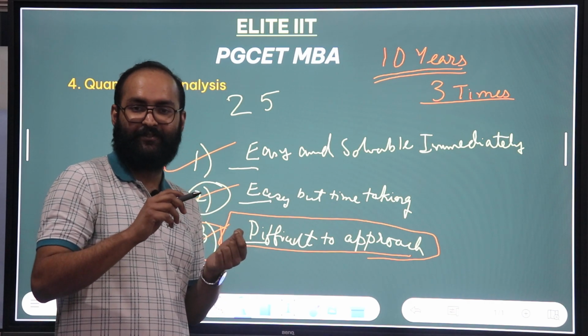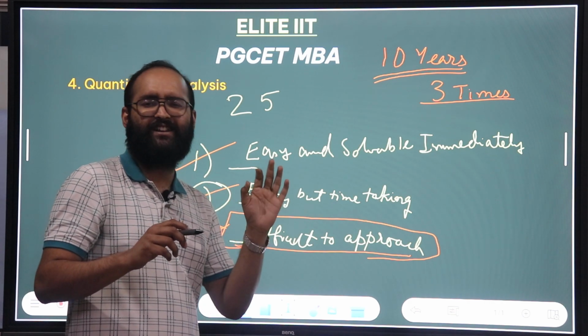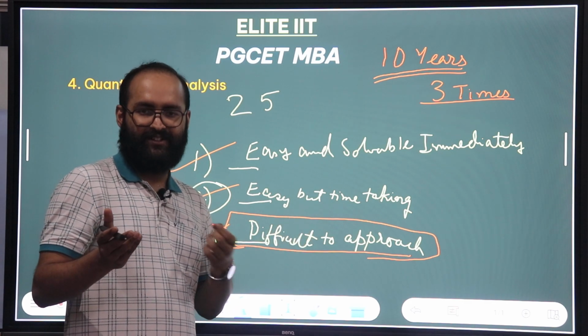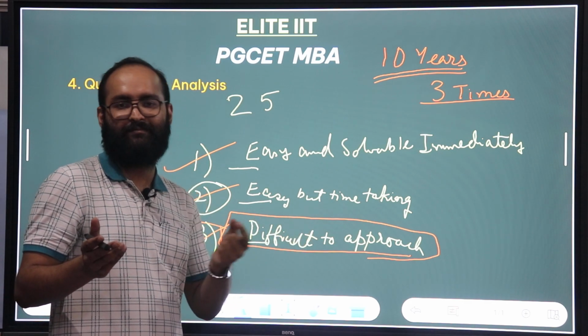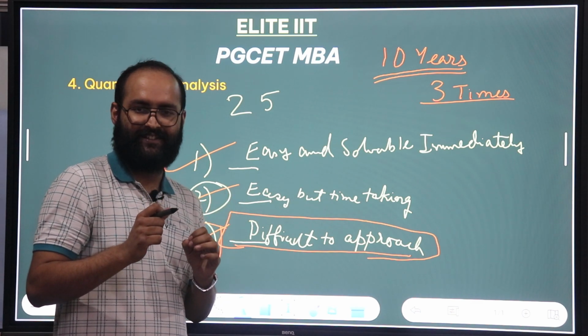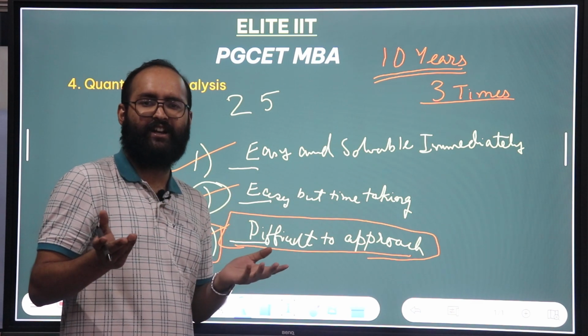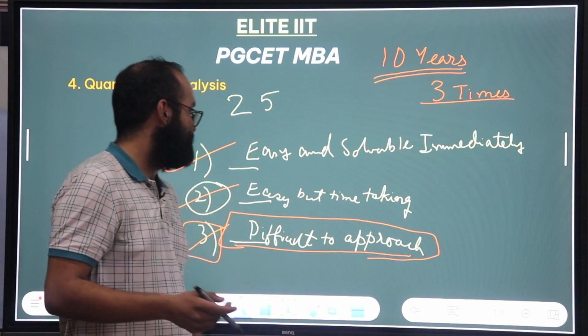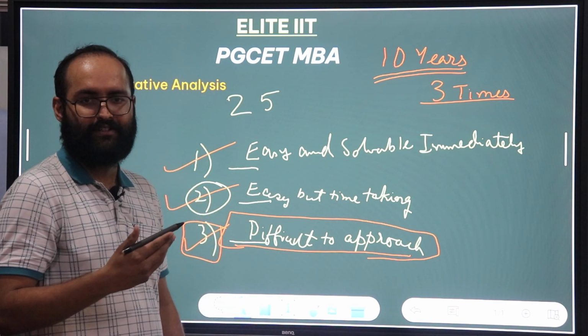Go for those questions which you did not answer, and randomly select the best possible looking answers. Because why? No negative marking, isn't it? No negative marking is there, just go for it.